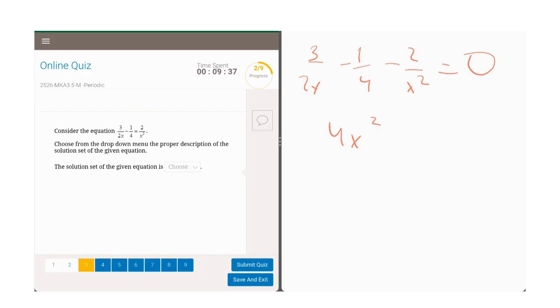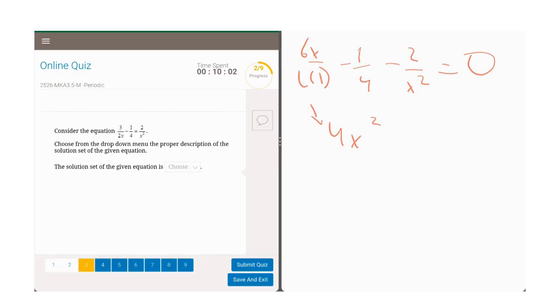So for the first denominator, 2x to become 4x squared, we multiply by 2x, so the denominator would be 4x squared, so I'll just write LCD, and then the numerator multiplied by 2x will become 6x.